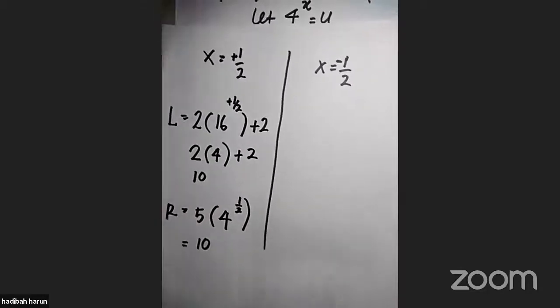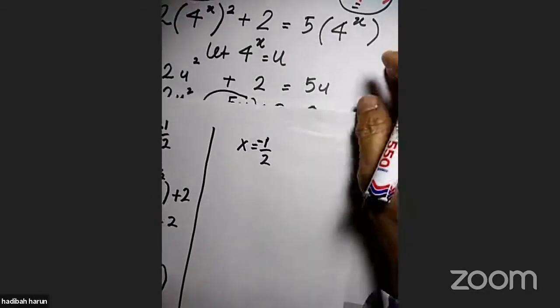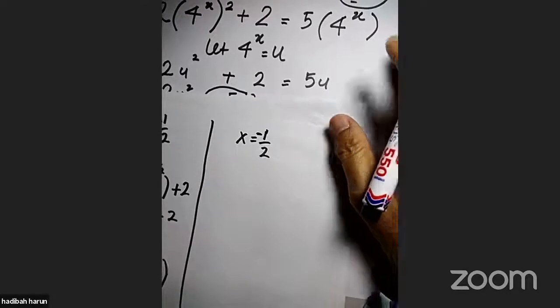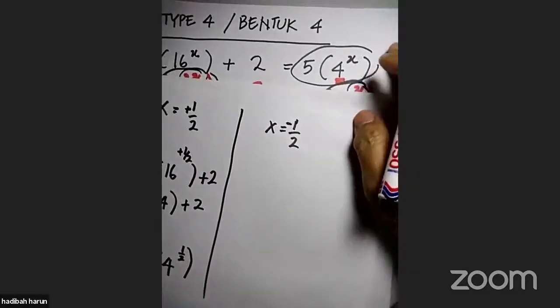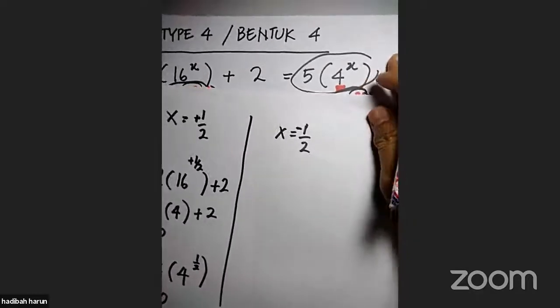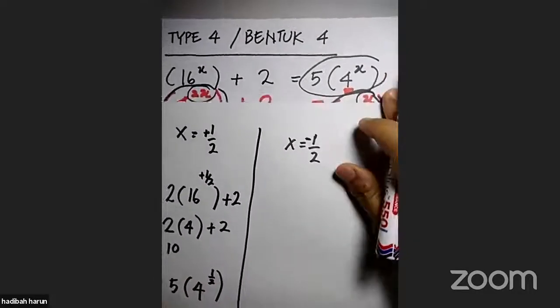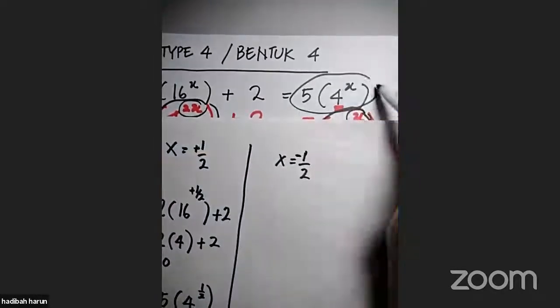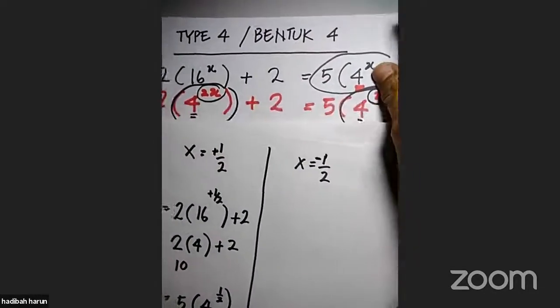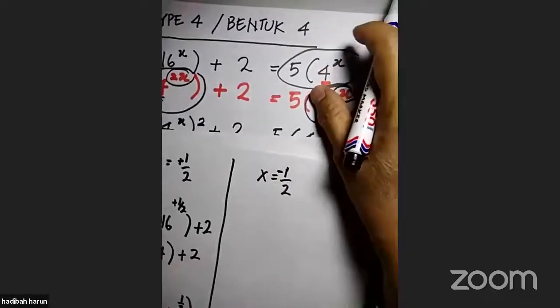Okay, then if x is equals to negative half, the same thing. I'm going to check both left and right. Okay, cikgu akan semak kedua-dua sebutan di sebelah kiri, semuanya asal dipisahkan oleh tanda sama dengan tu belah kiri lah. Depan dia tu adalah belah kanan, tak kira lah yang mana panjang, yang mana pendek, should be no problem.